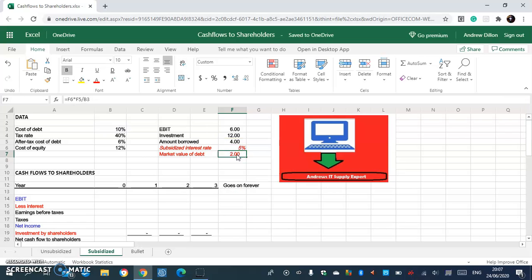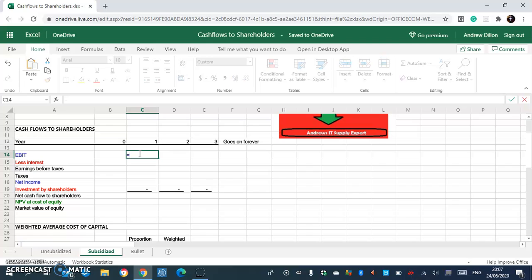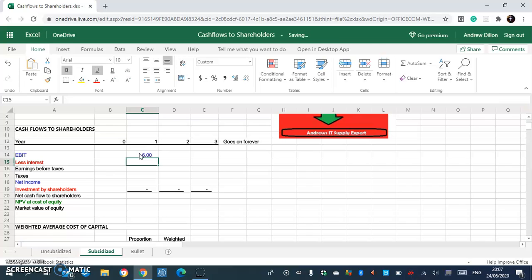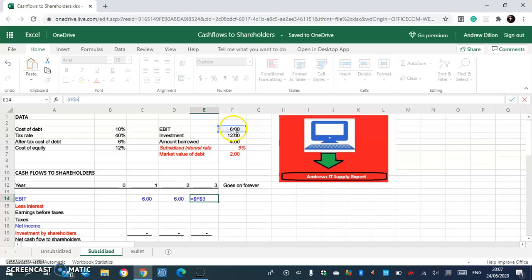The answer is 2, so that's very good. Now I have to calculate the EBIT. So it's the dollar signs. That matches the EBIT over here.